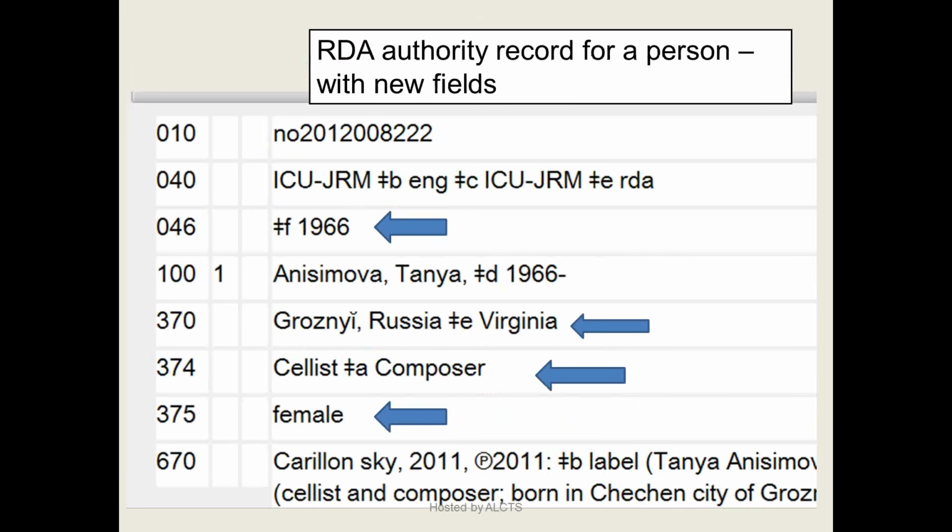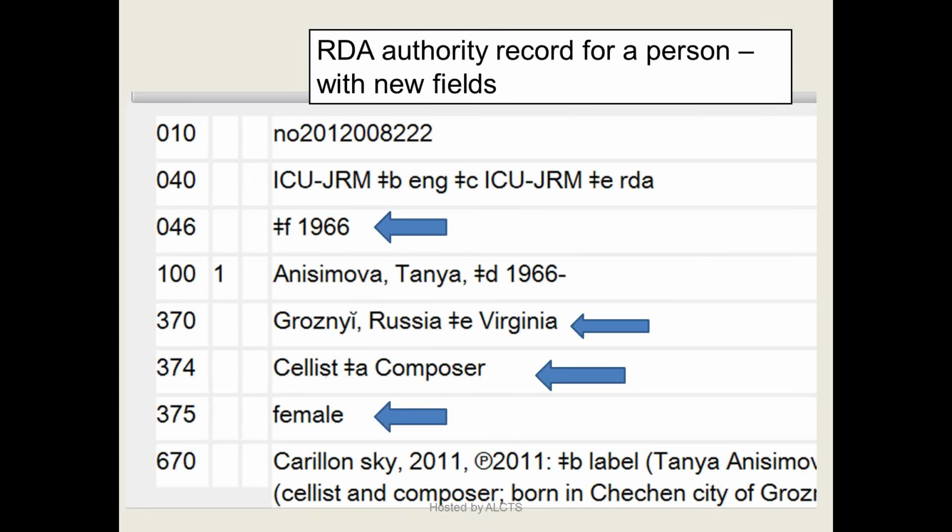RDA defines new elements that help identify a person, and these new MARC fields have been created for them. In addition to the ones I just talked about, you'll see that it is possible to identify the gender of a person. There is great potential to make use of these fields in searching.